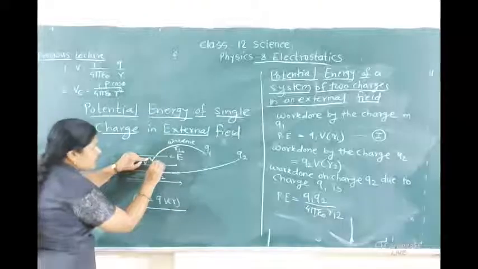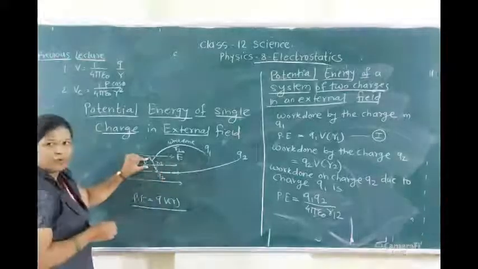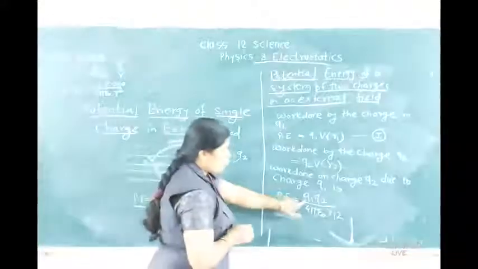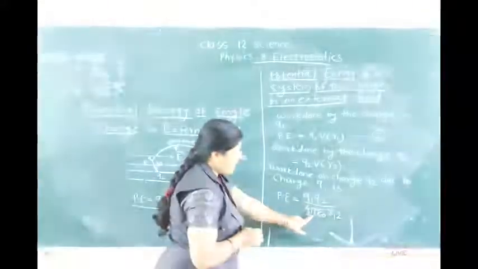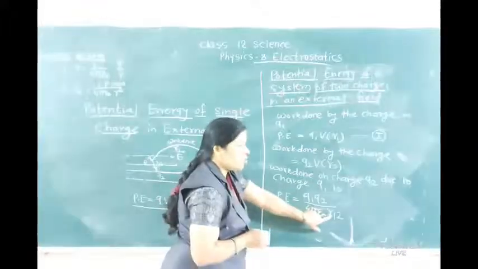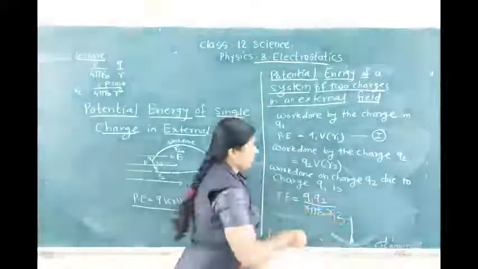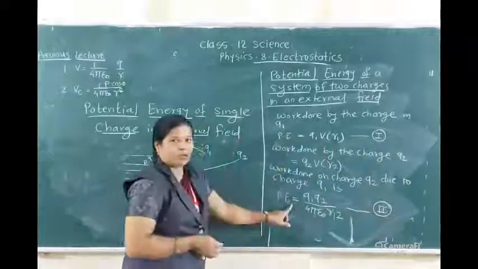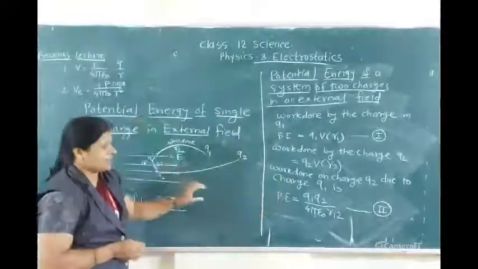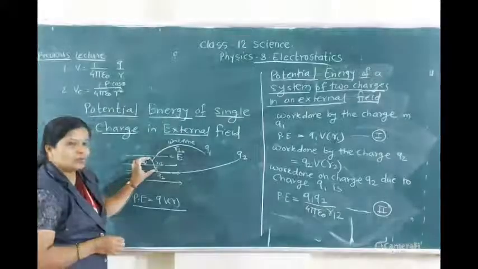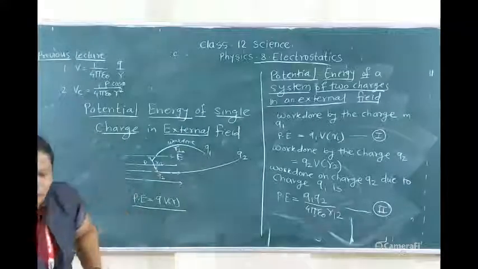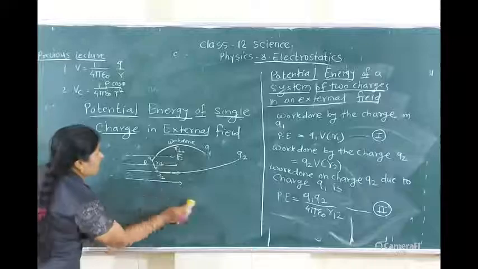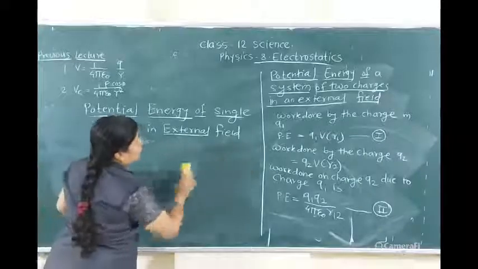So the total electric work on these two charges we get Q1 phi R1 plus Q1 Q2 divided by 4 pi epsilon 0 R12.